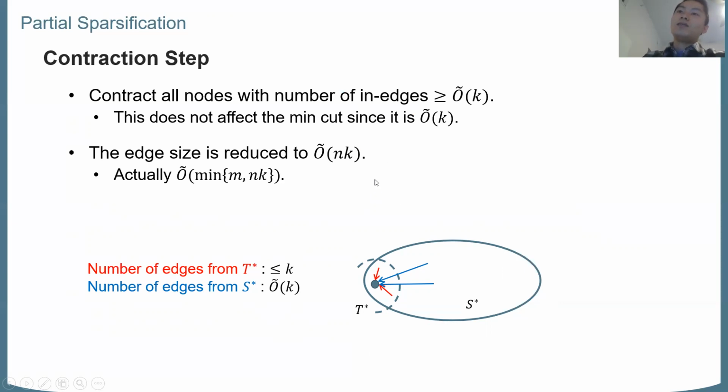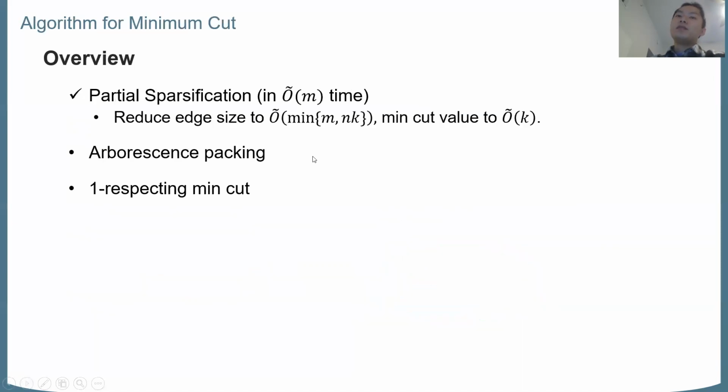So such a node cannot have too many in-edges. After this contraction step, the edge size is also reduced to O tilde nk. Of course, m will be trivially bounded. The runtime of this sparsification step is near linear because we just do some sampling and degree check.